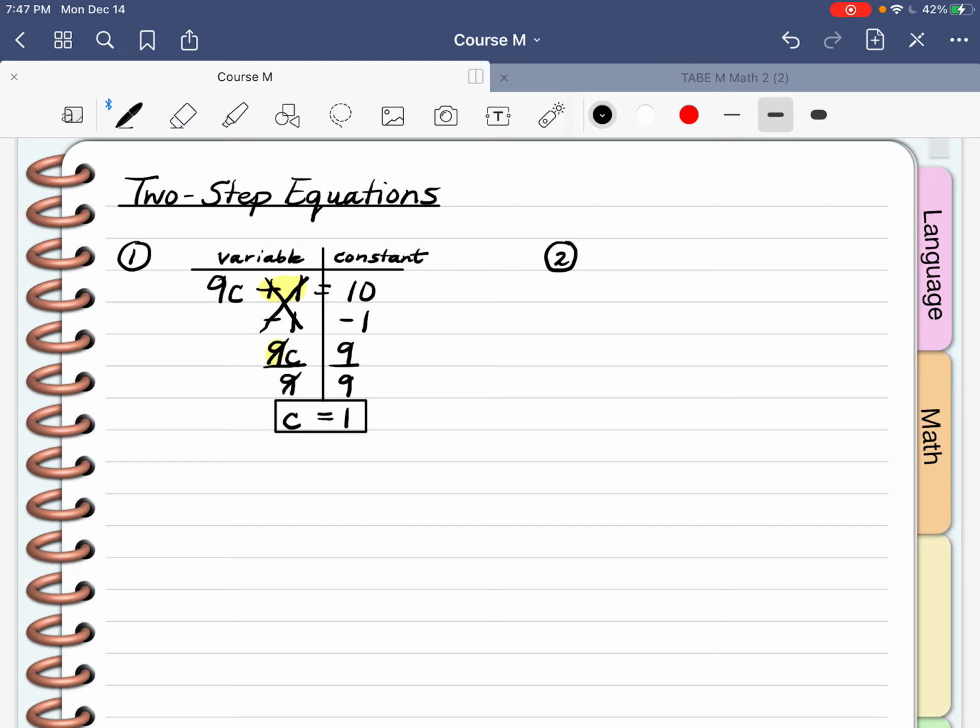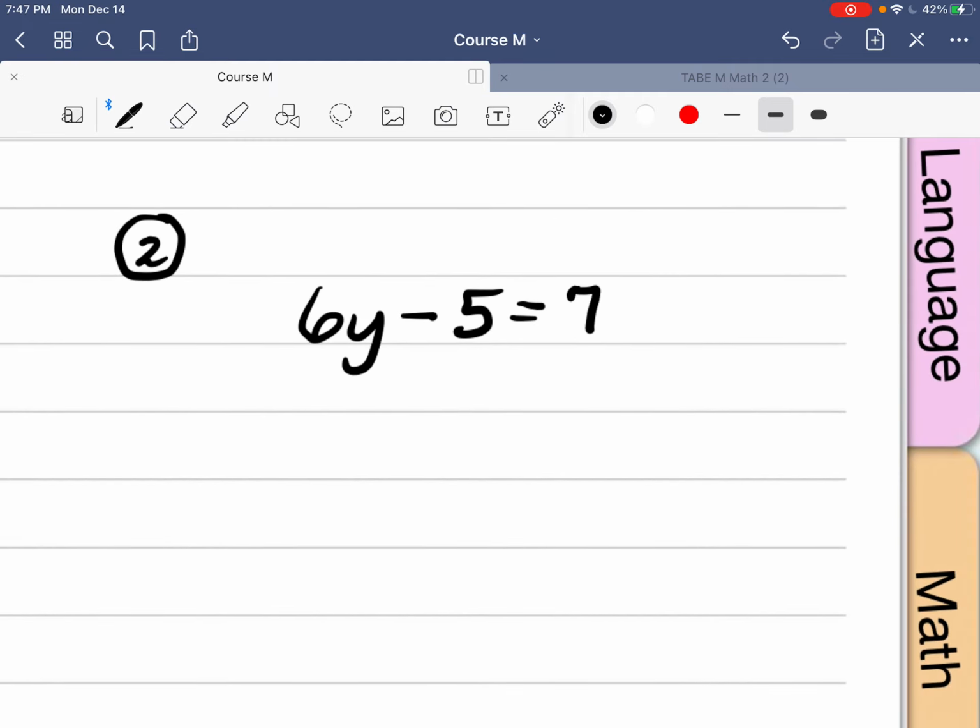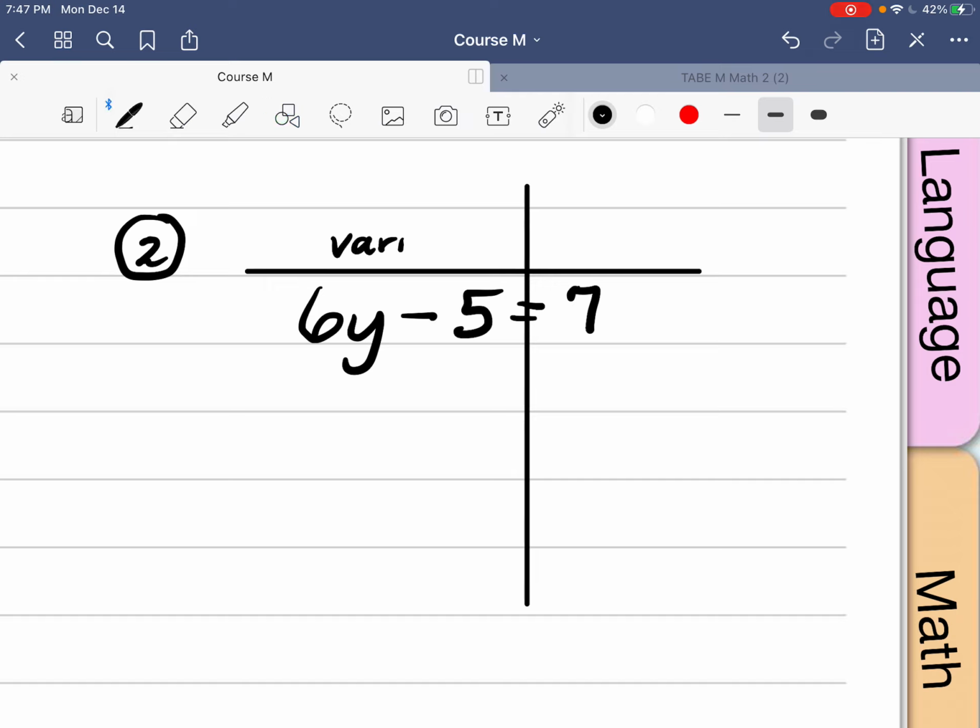Number 2 is 6y minus 5 equals 7. Power t. There's variable, and there's constant.